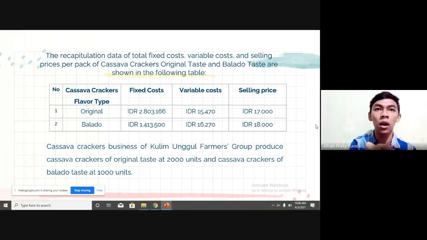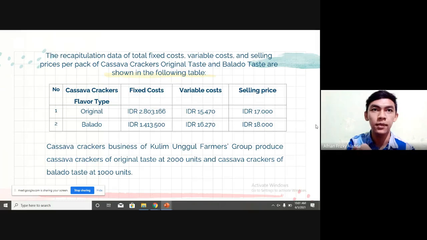The fixed cost and variable cost are the same as the table before. And we have the information here that cassava crackers business of Kulim Unggul Farmers Group produce cassava crackers of original taste at 2,000 units, and cassava crackers of balado taste at 1,000 units.